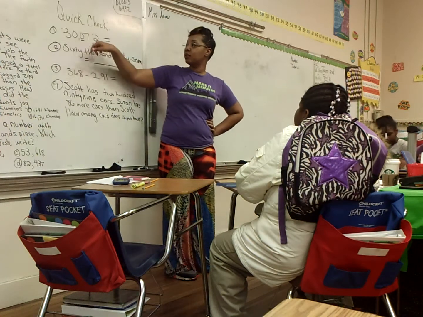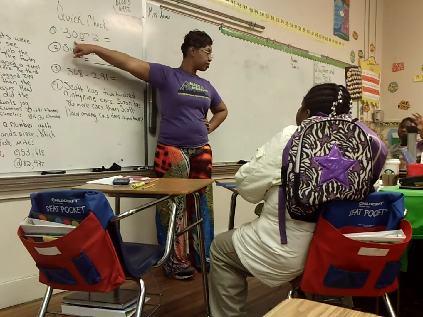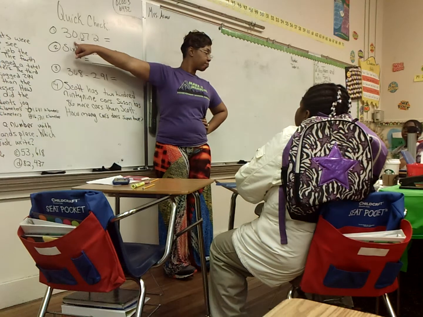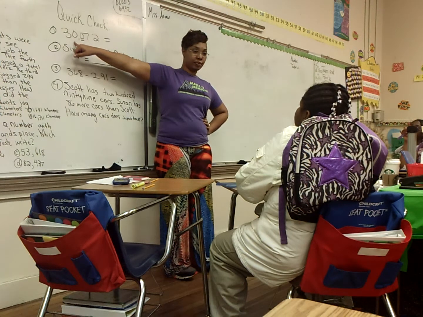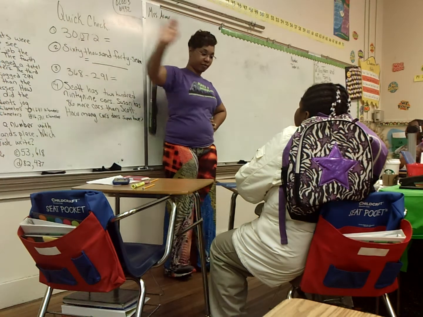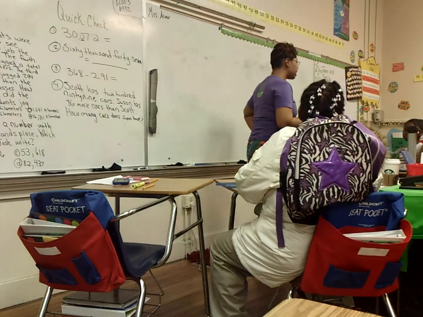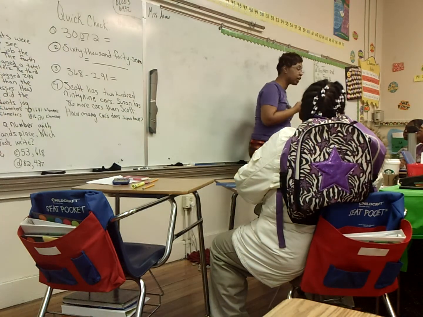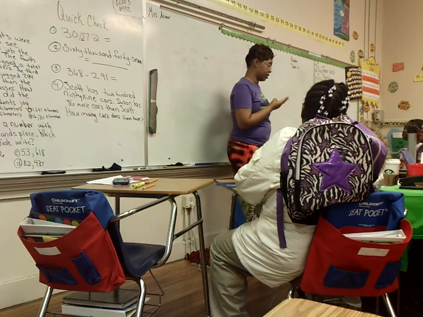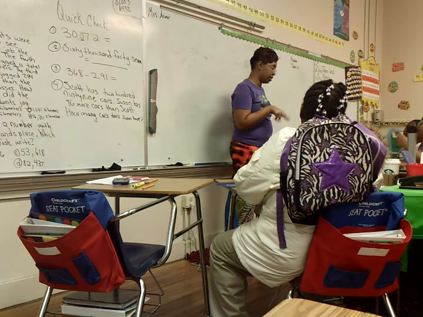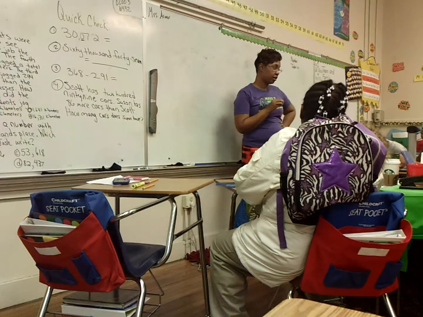So what is the value of this digit? 30,000. Got it? So if they're asking you for value, you're gonna say 2 things. What are you gonna say? The number and the place. Got it?